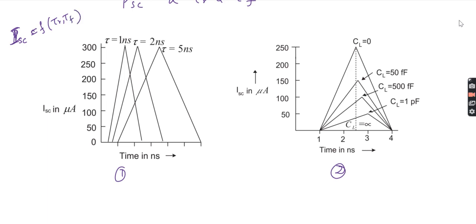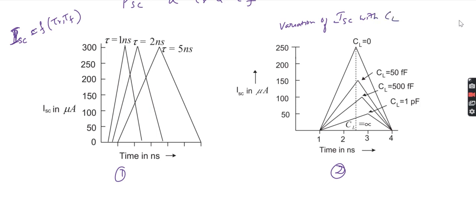Then what about this? This is the variation of short circuit current, that is ISC, with load capacitance.